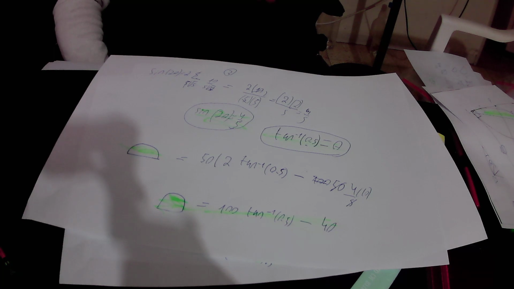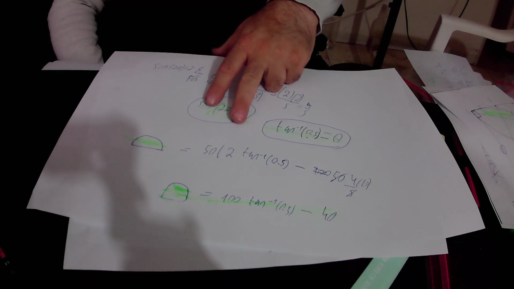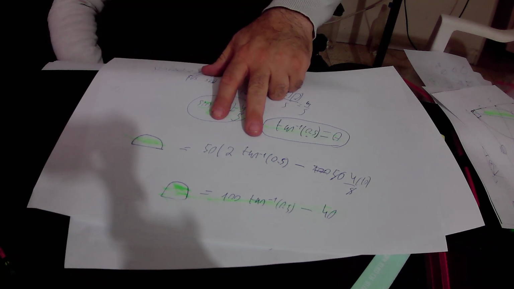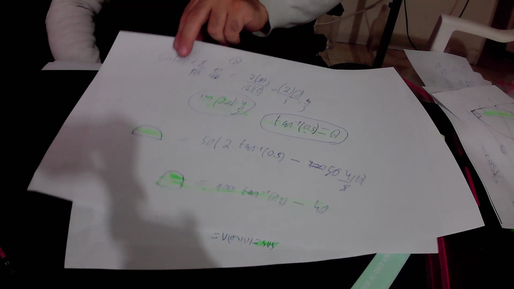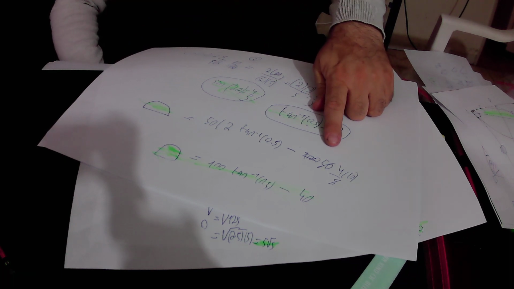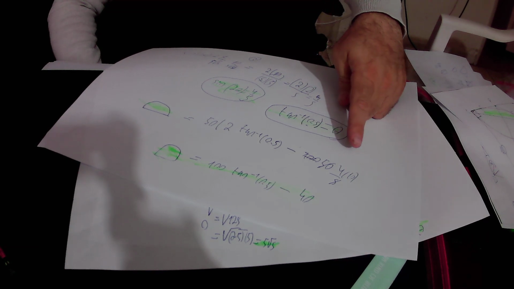Then we found that the area of the upper circular segment of the big lens equals 50 times, here we substitute theta by tangents minus 1 of 0.5, minus 50 times sinus 2 theta, and sinus 2 theta equals 4/5, so we substitute sinus 2 theta by 4/5.